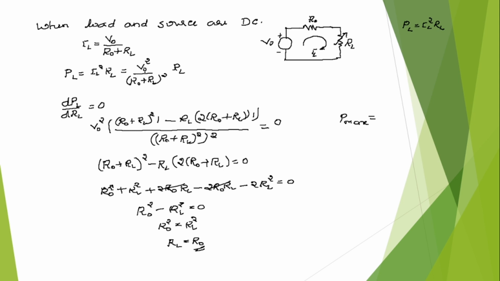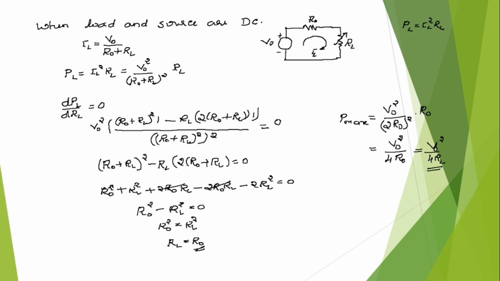So in this PL expression, substitute RL equal to R0. By substituting, V0 square divided by 2 R0 square into R0, that is V0 square by 4 R0, or V0 square by 4 RL.